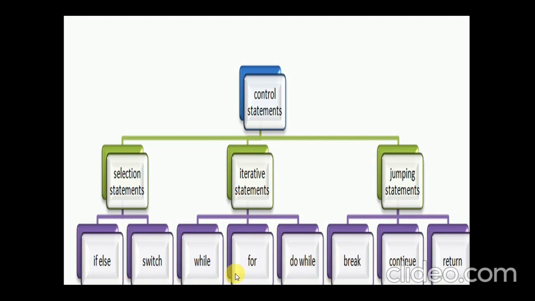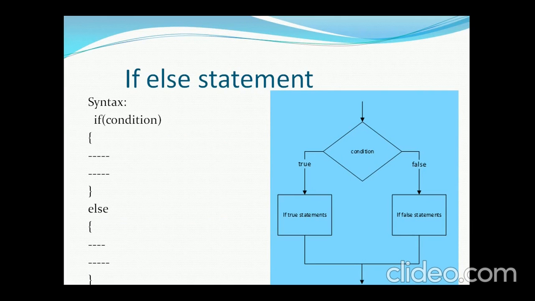Now, first we'll discuss the selection statements. Under selection statements, we'll discuss the if-else statement. Look here. This is the syntax of the if condition, and this is the flow chart of the if-else condition.